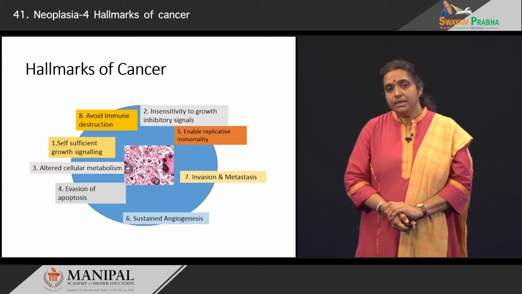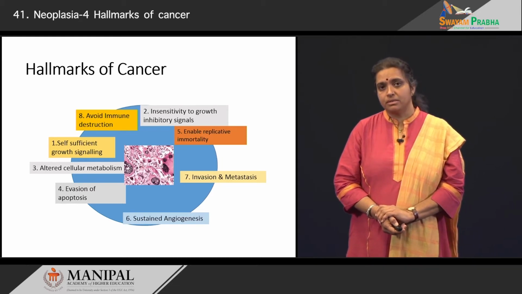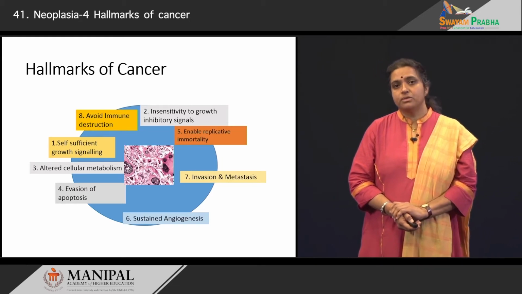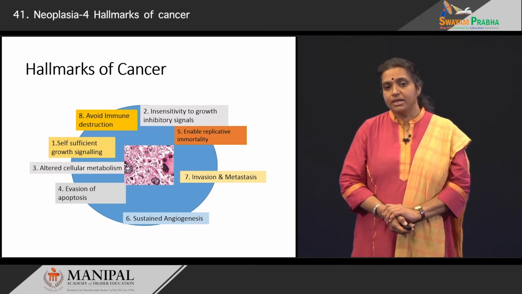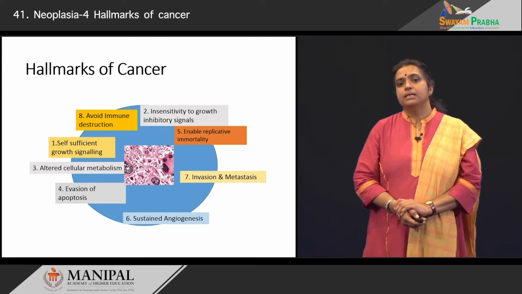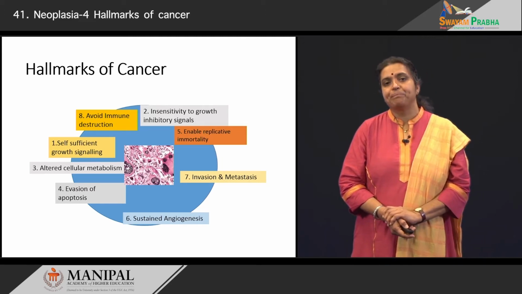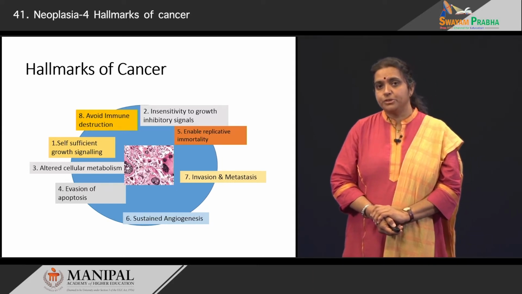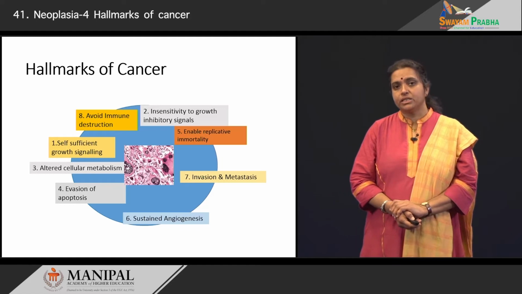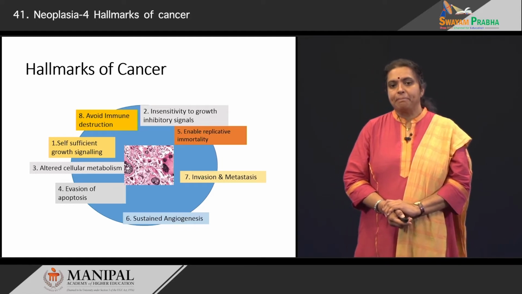Normally a cell, when it is damaged or when its life span is over, undergoes apoptosis and natural cell death, whereas a cancer cell evades apoptosis. In that sense, it has certain immortality. It enables replicative immortality, which means it does not stop replication, it goes on multiplying immortally.